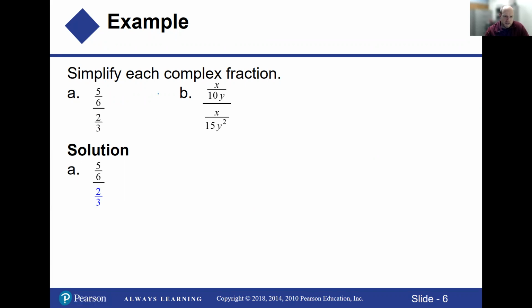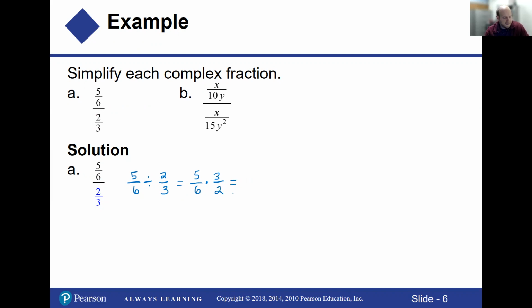So this first one, we have seen an example like this, again, a few sections ago. But what I like to do for these is I like to write them out like this. So I'm going to take my first fraction, my numerator, 5/6, and I'm going to divide it by that 2/3. Okay, so I just rewrote the problem, basically. And then I'm going to change the division to multiplication. So I keep the first fraction and I multiply by the reciprocal of the second fraction.